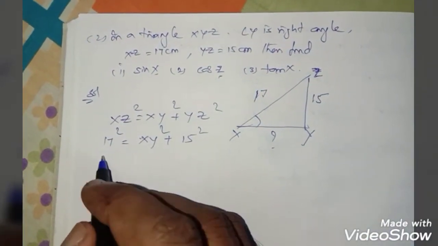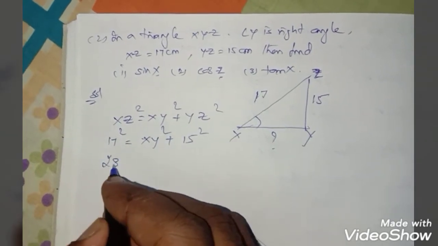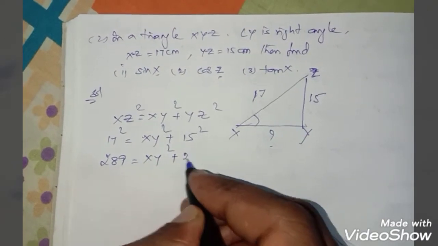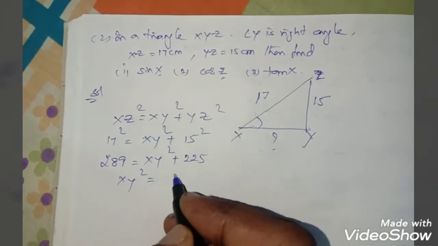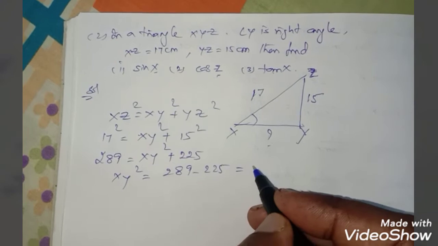Now here 17 square is nothing but 289 is equal to XY square plus 15 square is nothing but 225. Send this 225 here. XY square is equal to 289 minus 225 is nothing but here 64.